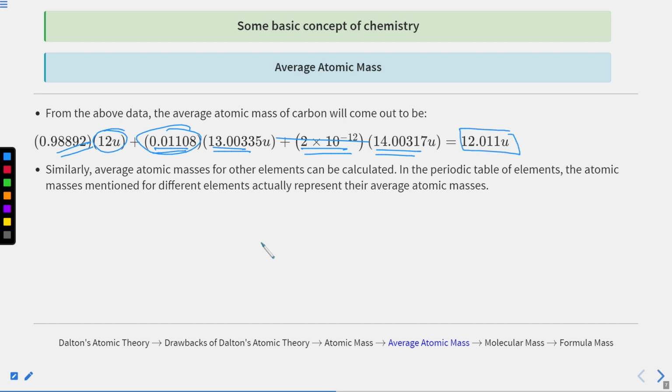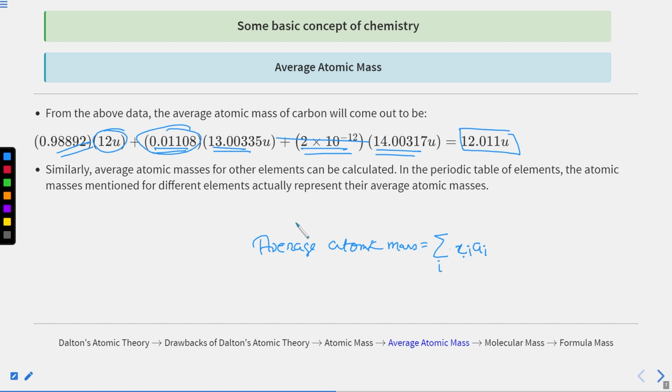So you can summarize the formula of average atomic mass as the fractional relative abundance, which I am representing by, say, X, of the ith isotope multiplied by the atomic mass of the same ith isotope, summed over all i's, meaning all isotopes that are available.